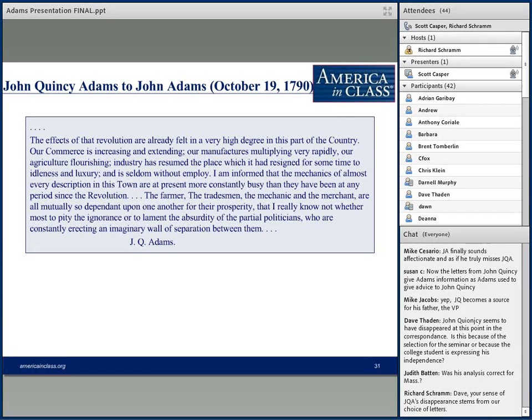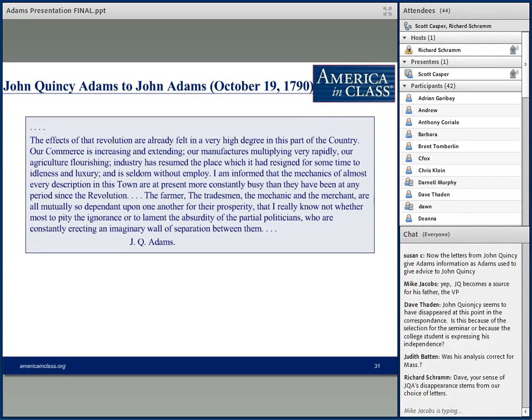John Quincy is here suggesting the economy's good. People are thriving, people are flourishing, and it's only those party politicians, partial politicians, who are trying to set people against each other in order to win an election.